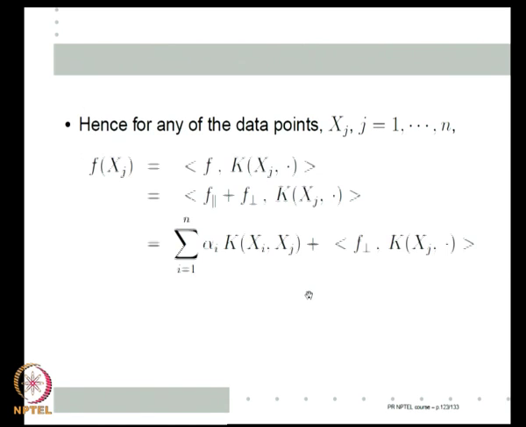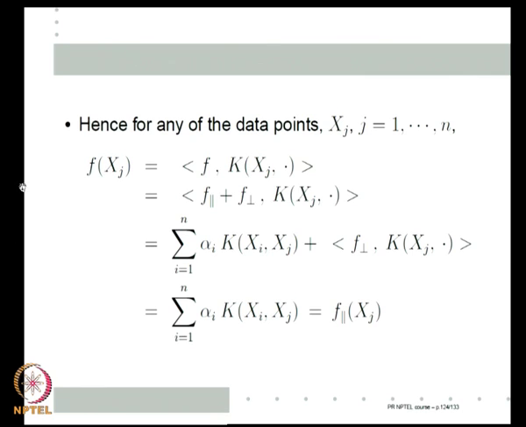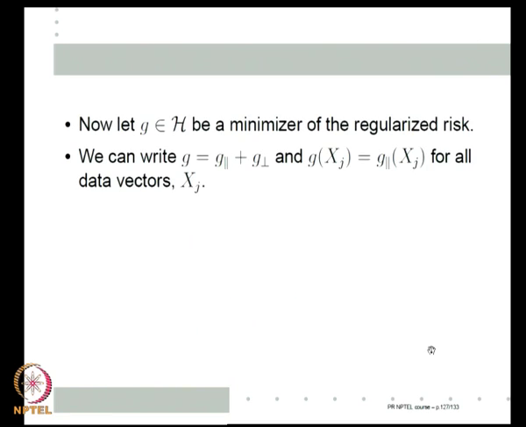By bilinearity, this is the inner product of f parallel with k(xj, ·) plus the inner product of f perpendicular with k(xj, ·). The latter is 0, which means for each of the data points, f(xj) is the same as f parallel(xj). This is true for every function f in H.